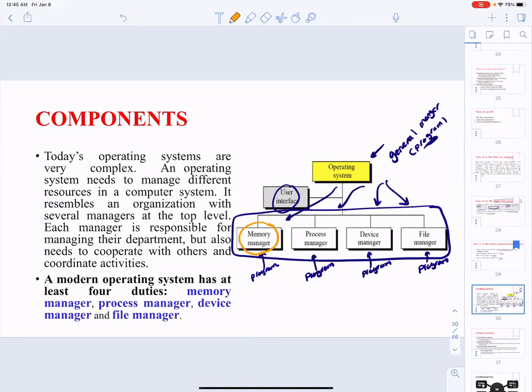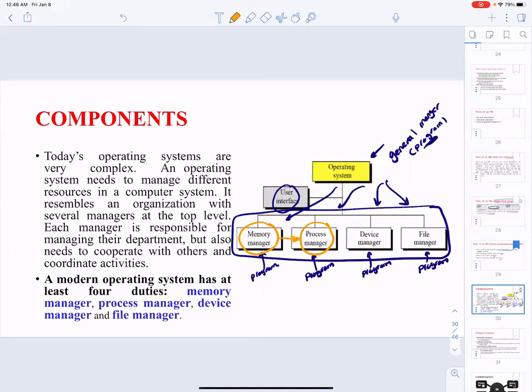It doesn't do process management. The process management is only responsible for managing the processes. It doesn't do memory management. So each one of those is responsible for its own department or its own environment.